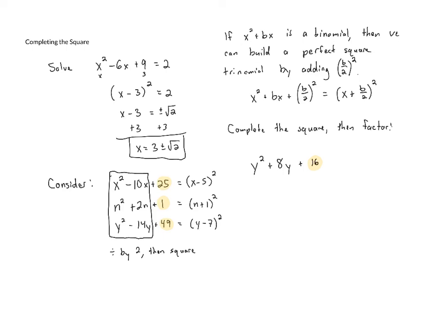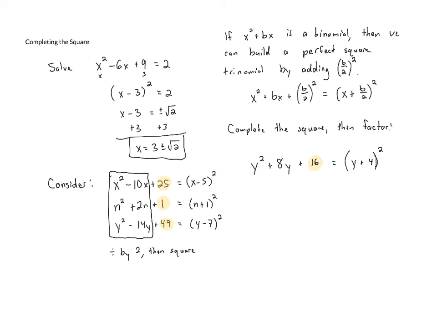So the thing that we need to add here to make it a perfect square trinomial is 16. Then when we factor this, it ends up being y plus 4 squared, because y squared gives us y squared, and 4 squared gives us 16. The number that goes here is always going to be what we get after we've divided by 2. 8 divided by 2 gives us 4.